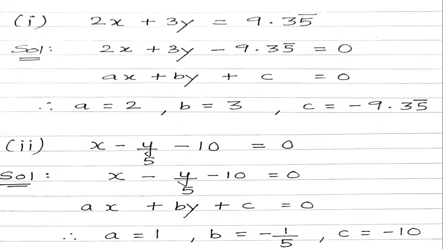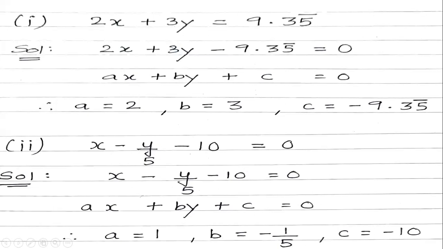Here, the second equation is x minus y upon 5 minus 10 is equal to 0. Now, you can see this is already given in the standard form. I need not bring anything from the RHS to the LHS. So all I have to do is write the standard form of the linear equation, ax plus by plus c, and then state what a, b and c represent.